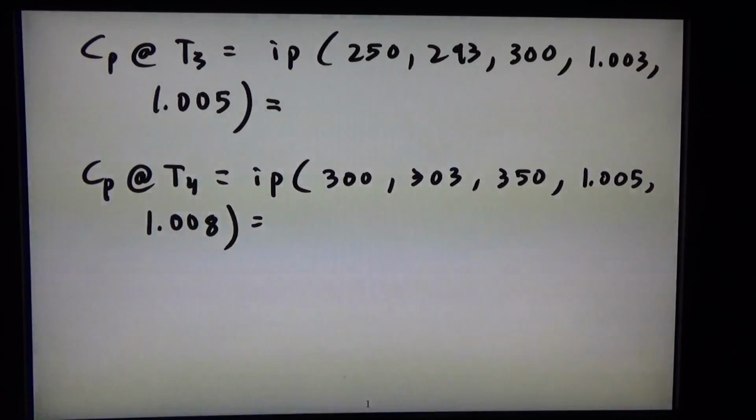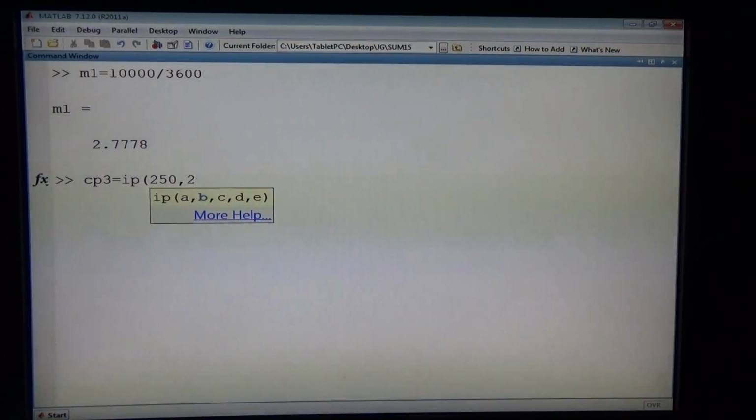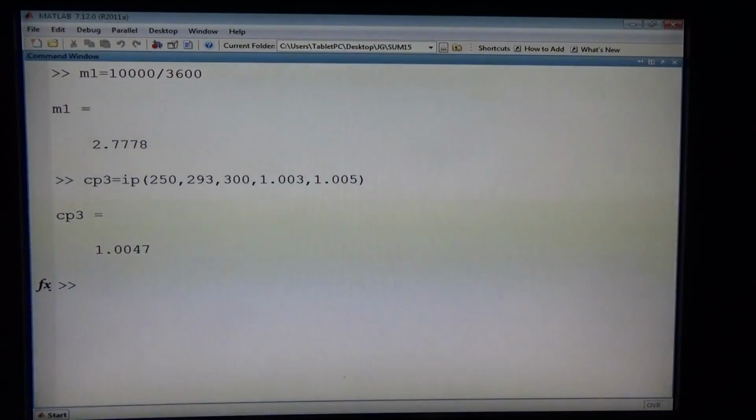Alright, let's get our C sub P values here. C sub P at T3 is equal to interpolating 250, 293, 300, 1.003, and 1.005. So that gives us 1.0047.